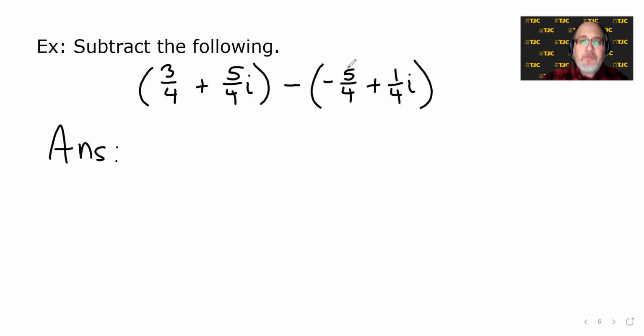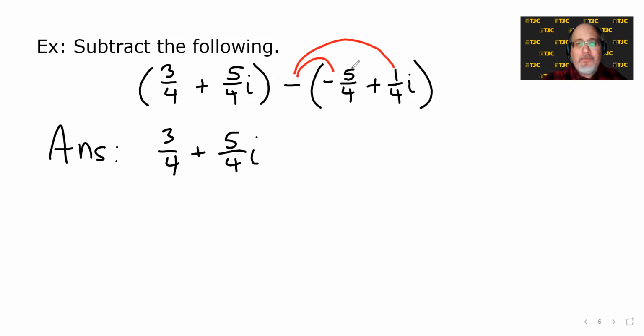All right. This is actually pretty straightforward. First, when you subtract complex numbers, you change the signs of the second complex number because of the minus in front of its parentheses. What does that leave us? Well, in the first complex number, we can lose the parentheses. There's nothing to the left of them to require the parentheses to be there, or you could think of it as distributing 1.